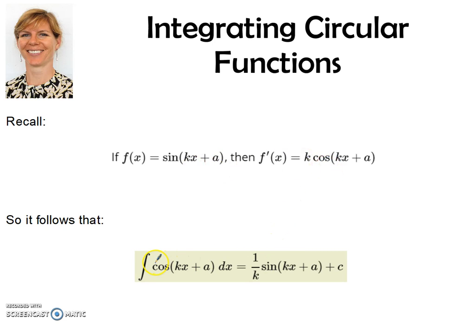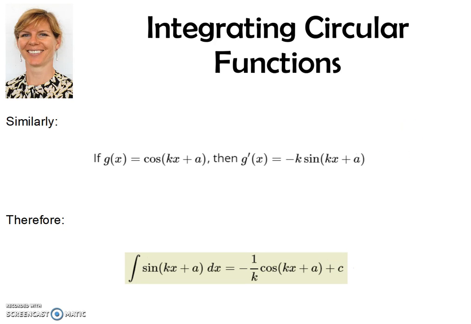So the integral of cos(kx plus a) is 1 over k sine(kx plus a), always remembering plus c, for antidifferentiation or indefinite integrals. So you can see that when you differentiate that again, that comes out, cancels with the k, and you get what you started with. Okay, so that's for sine.